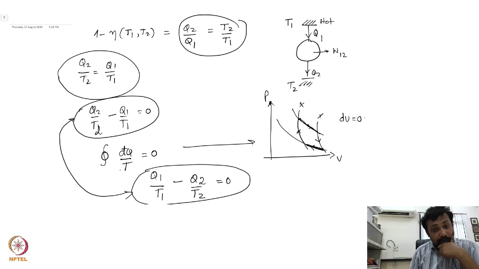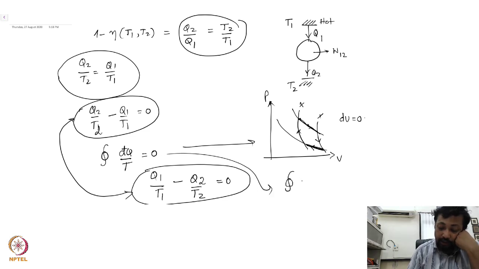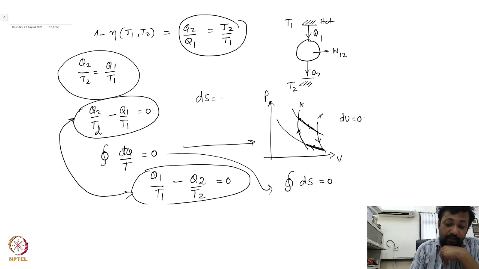Now amazingly, you see that this clearly does not depend on the path, but rather it depends on the two endpoints, right? So therefore I can write down this equation equivalently as dS equal to 0, where now dS is defined as d-cut Q over T, where S is clearly a state function.